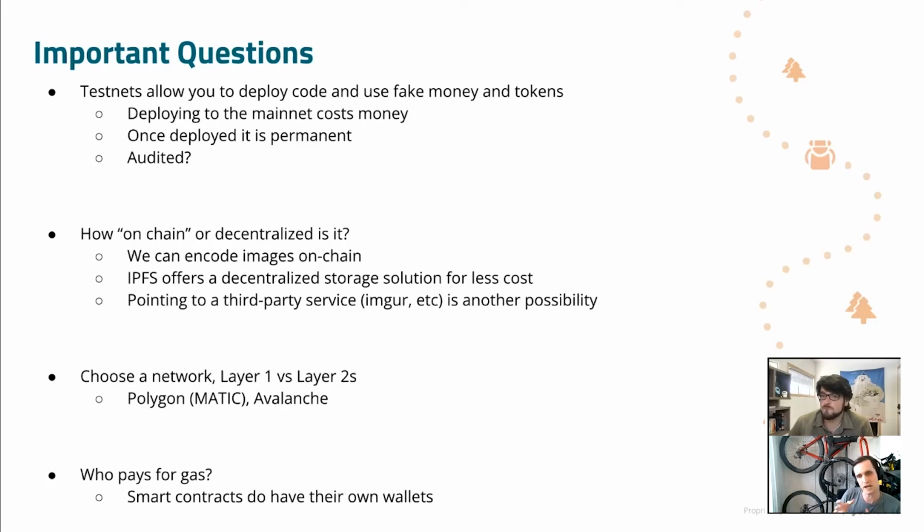So there are different ways that you can approach putting something into the chain with varying levels of cost, I guess, is the ultimate point. For sure. And everything that you have in your smart contract is public. So people can look at the code and be like, oh, this just points to Imgur.